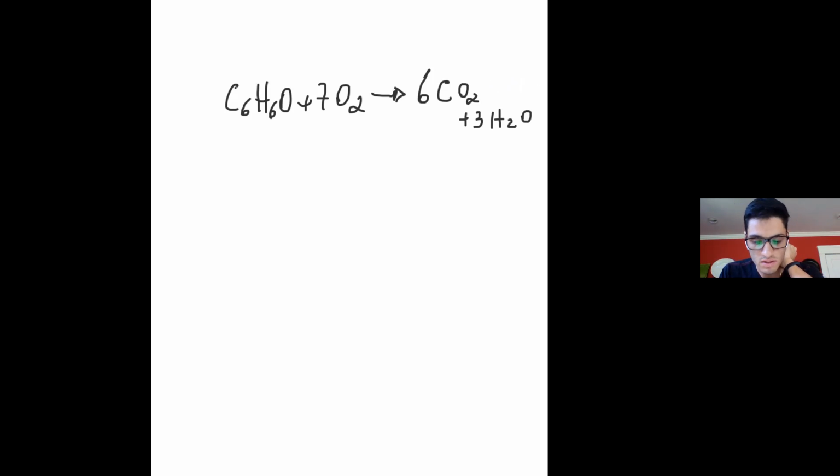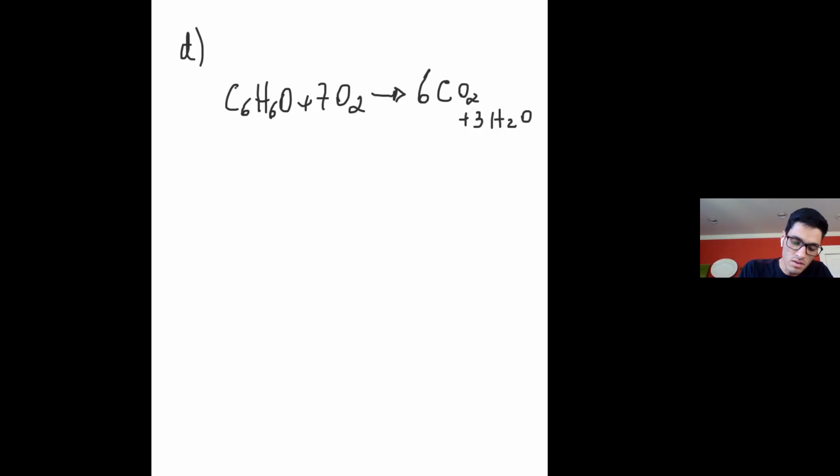We have 14 plus 1, 15 oxygens on the left side, and we have 12 plus 3, 15 oxygens on the right side. So that's part D, the balanced redox reaction that involves both the oxidation reaction and the reduction reaction.